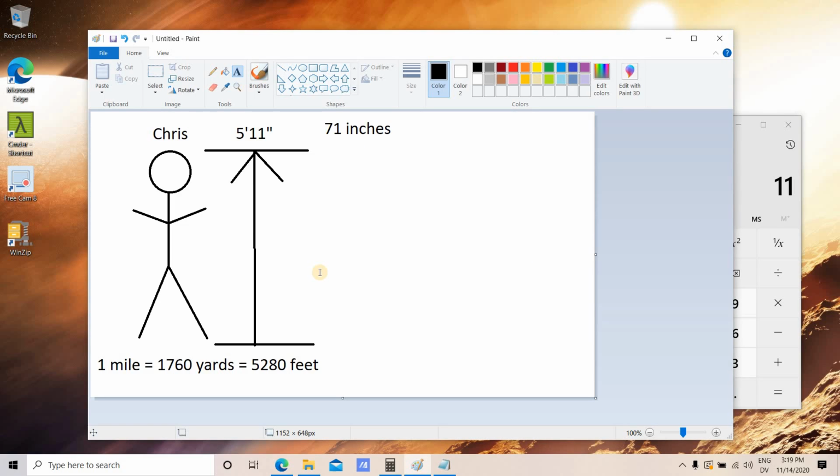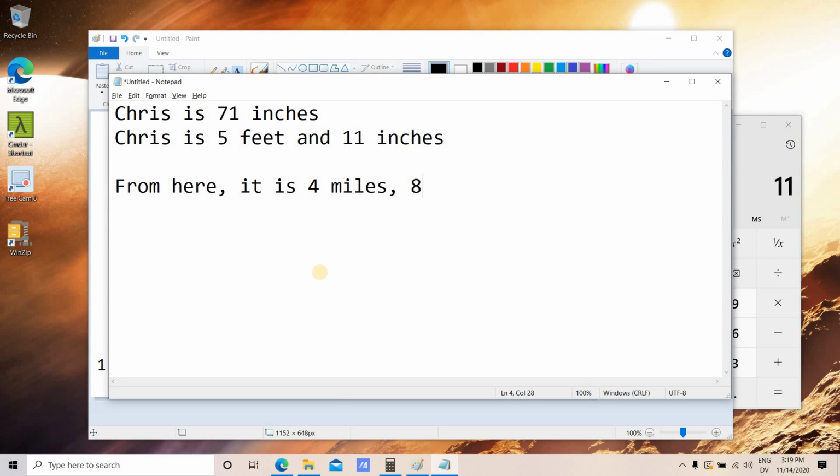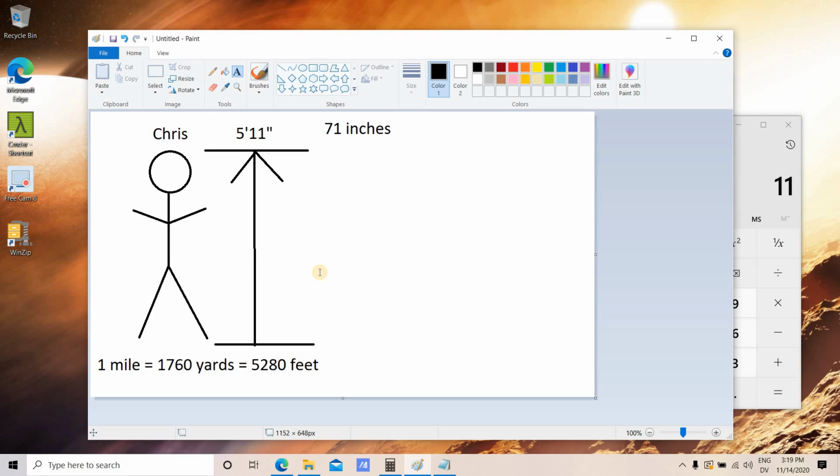The yards have to be under 1760, so let's say 823 yards.